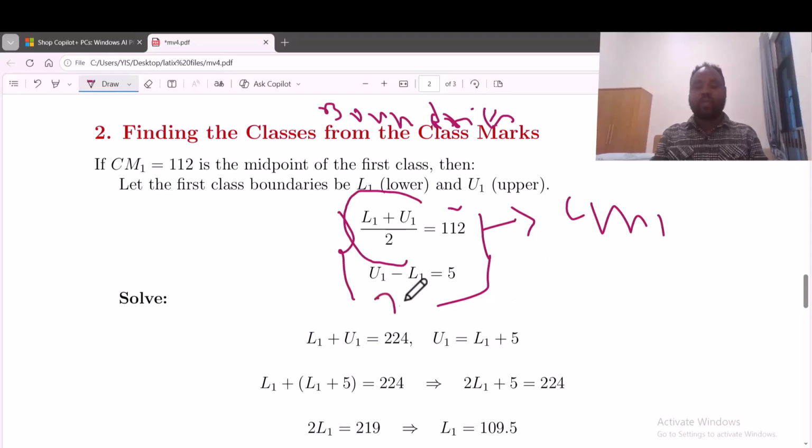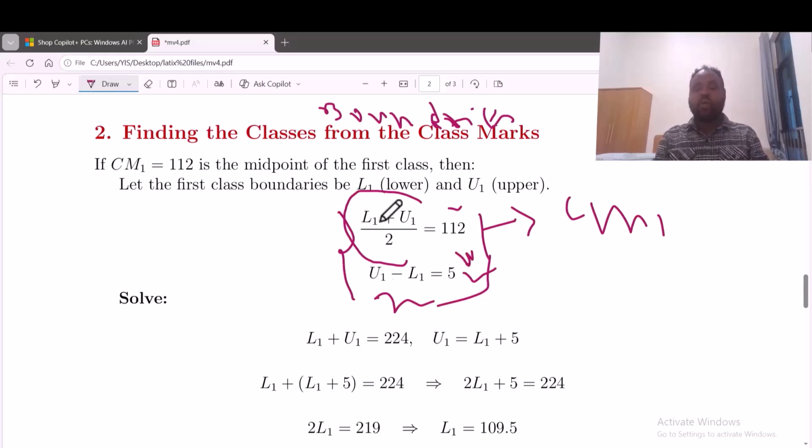The class width can also be obtained from the difference of the class boundaries. So from the same class, we can construct another equation: the upper class limit of class 1 minus the lower class limit of that class is the class width, which is 5.